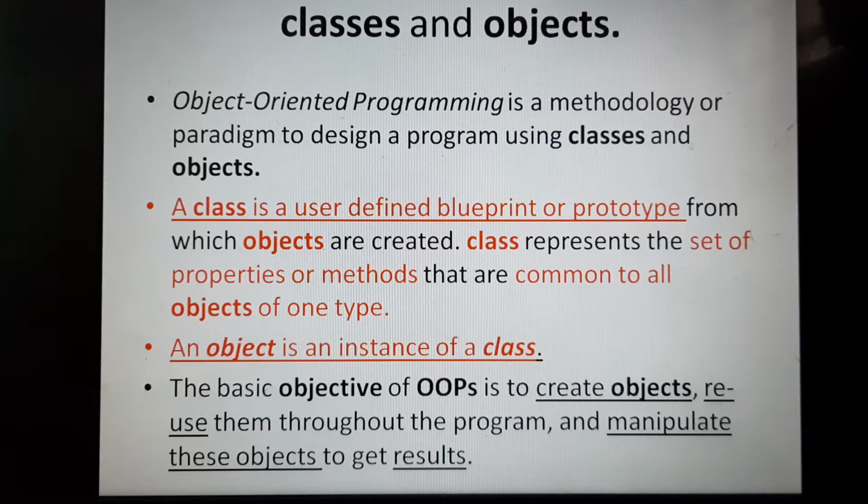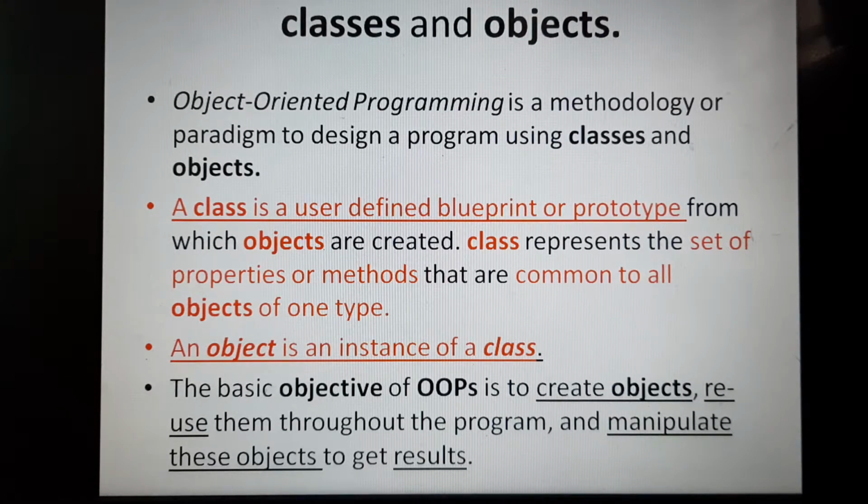That means the objects that belong to a particular class have some properties and methods, and they have all such properties and methods that are common for them. So we can say that a class is a prototype to create objects, or an object is the instance of a class. Details were already discussed in my previous class.